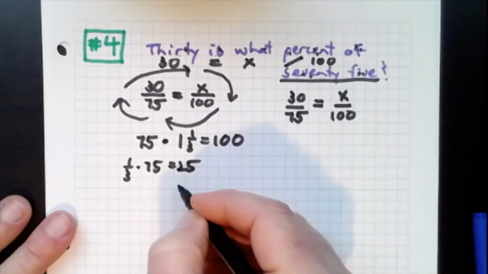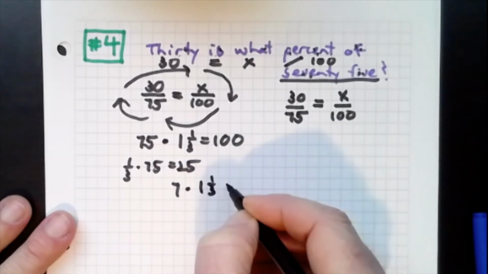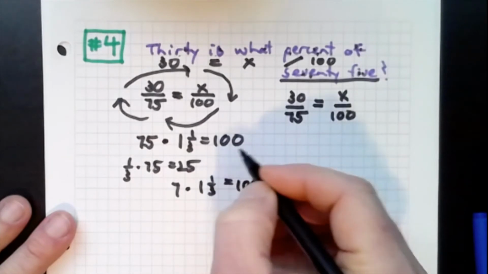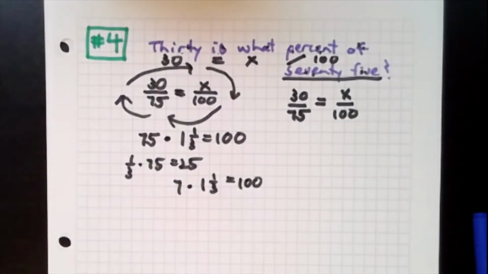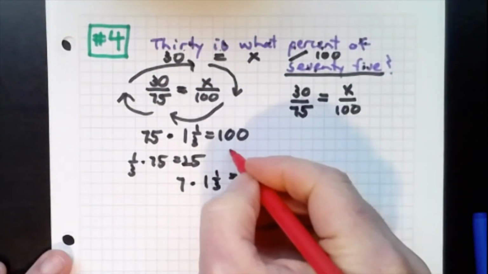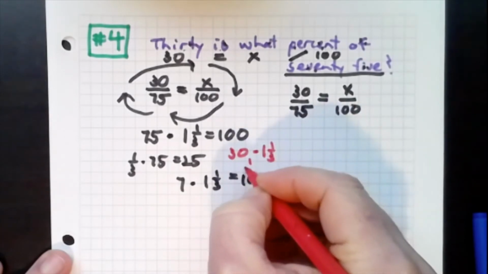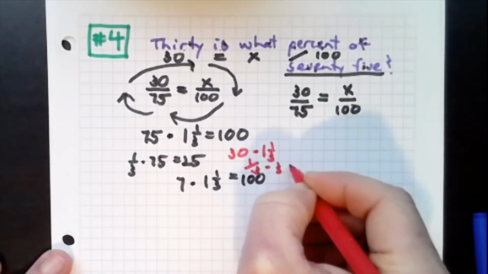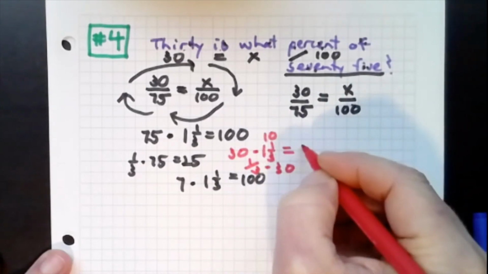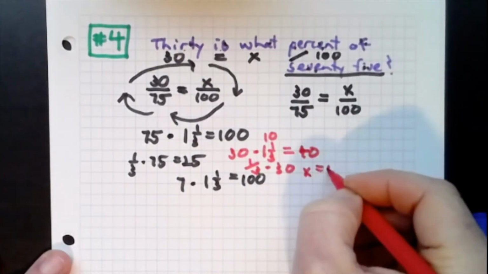So if I'm getting 75 times 1 and 1/3 to get to 100 in the denominator, then I'm going to do the same thing with 30. 30 times 1 and 1/3. What is 1/3 of 30? Right, it's 10. So that's like saying 30 plus 10, 40. So I'm thinking x equals 40.